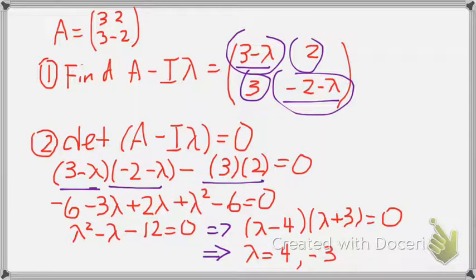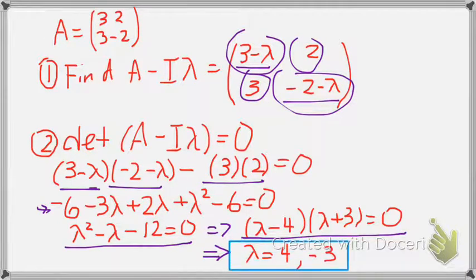Doing some algebra, multiplying through, we get this here: negative 6 minus 3 lambda plus 2 lambda plus lambda squared minus 6. Okay. Combining like terms, we get this here. Then we can factor our equation, and we notice that lambda is equal to 4 and negative 3. So these are our eigenvalues for this matrix A.